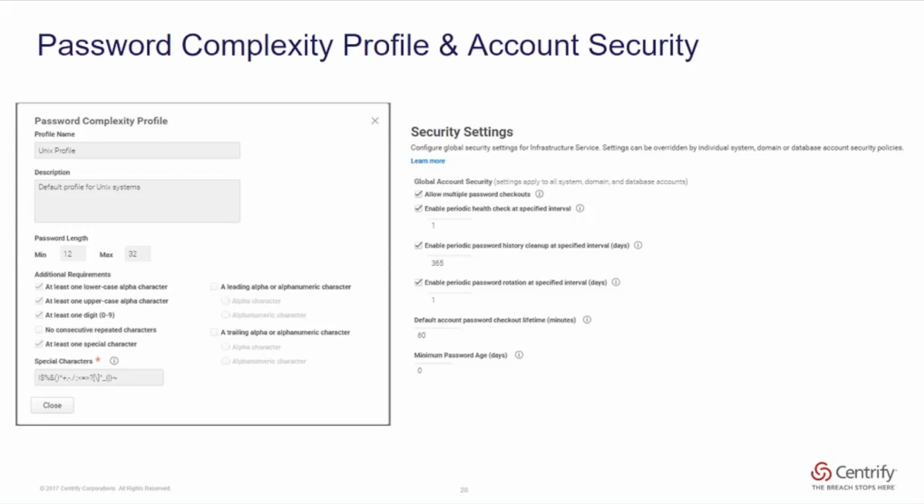Also, by default, an account password checkout has a lifetime of 60 minutes. And it is important to know this because after the 60 minutes, the password then will be checked in and/or expired. And at that time, we will rotate the password so that the individual user who checked out the password can no longer use that same password in the future.